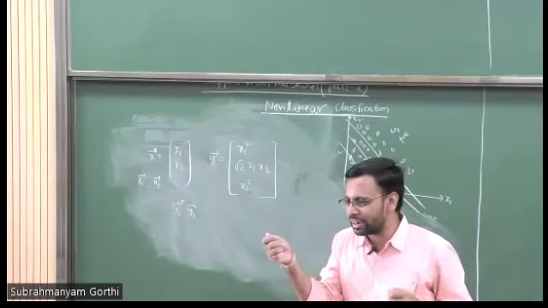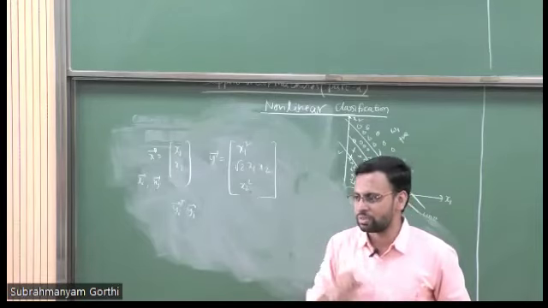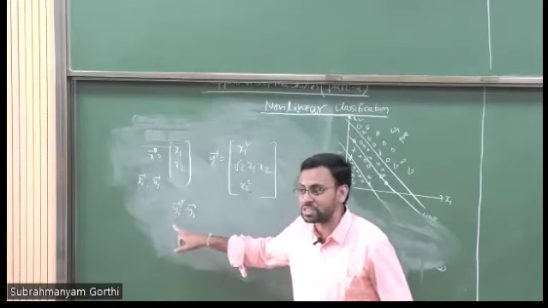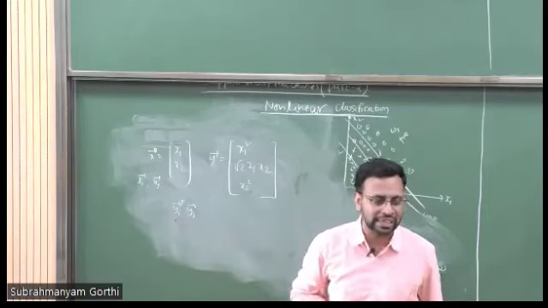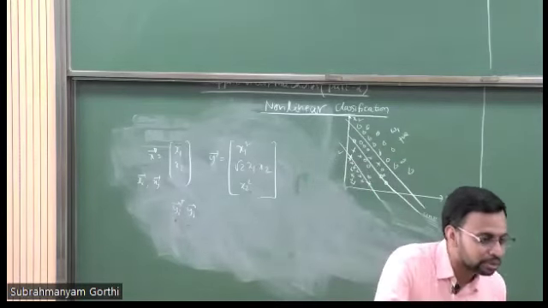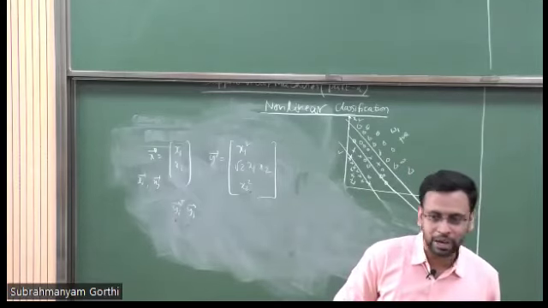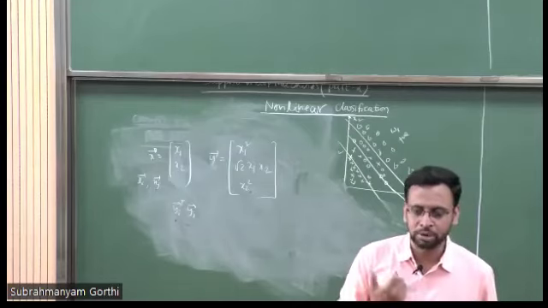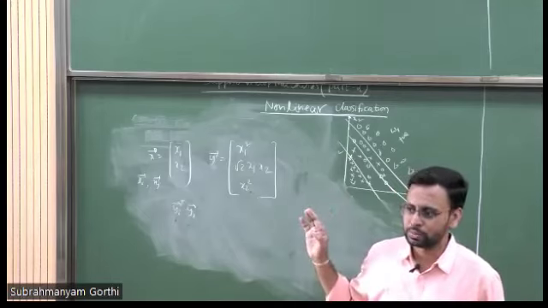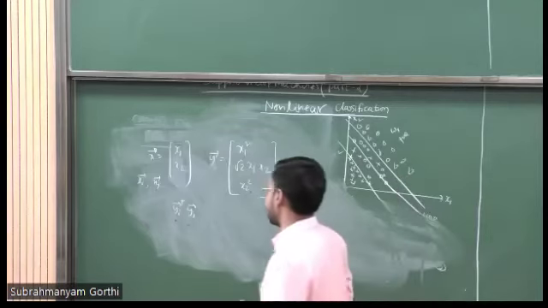Look at the equation that we have written at the end of last class. Very good. What is that operation referred to as? Inner product, dot product. It is only the dot product that you need to do to solve the support vector machine problem. Clear?